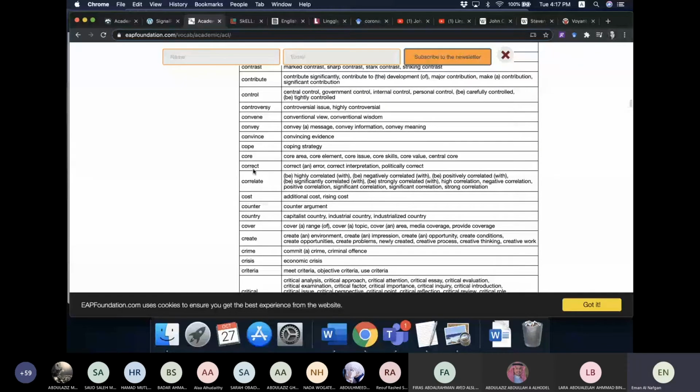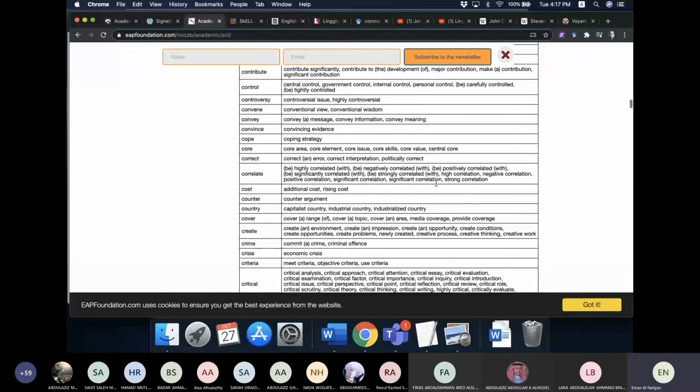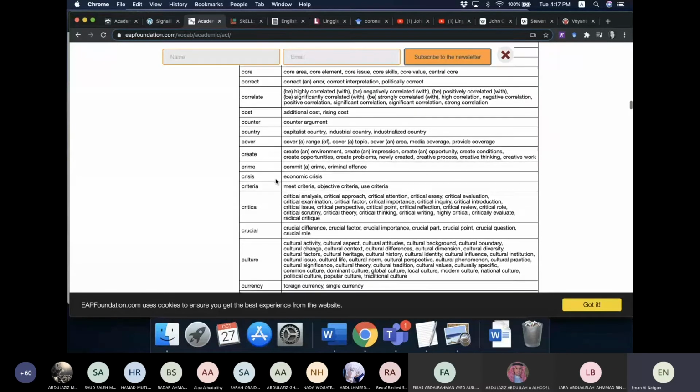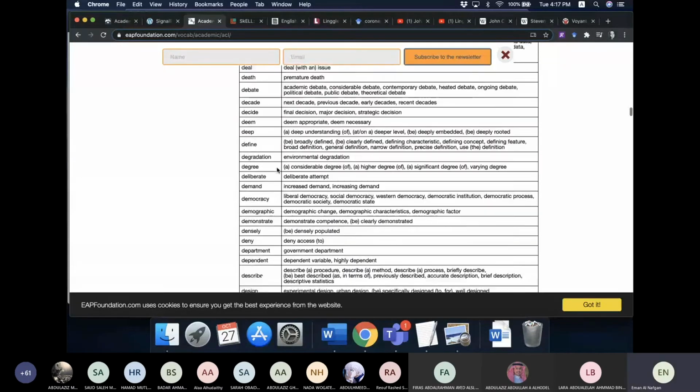So correlate. This is a word that you're going to use often because you're in the scientific field. So how would you use it? And here you have all of these words that let you know how it's used. And especially with things like prepositions, these are common mistakes that a lot of my students make. They write "positively correlated." They'd have no problem with writing the correct adverb or adjective. It's the preposition that's usually the problem. Here, this helps you with that. Okay?